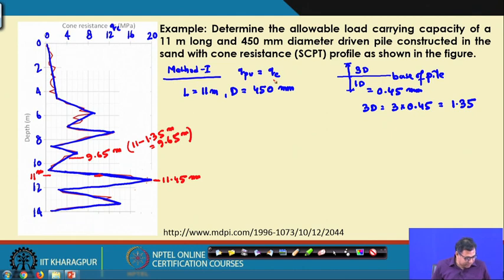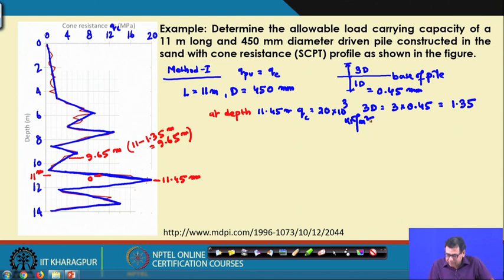Okay. So, now let me write this way, that if this is the 0 at the tip, and this is the QB, 11.45. So, at depth 11.45 meter, your QC value is 20 into 10 to the power 3 kilonewton per meter square.